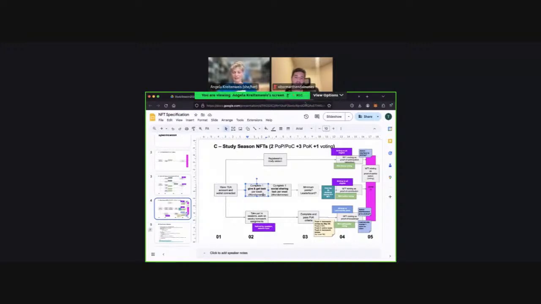Now I'm speaking from a client perspective. It would be really sad if the voting outcome is, okay, we had 30 participants in the voting. This would be really sad. I mean, we have now 500 registrations in the study season, more than 1,000 exams minted, more than 4,000 students enrolled.